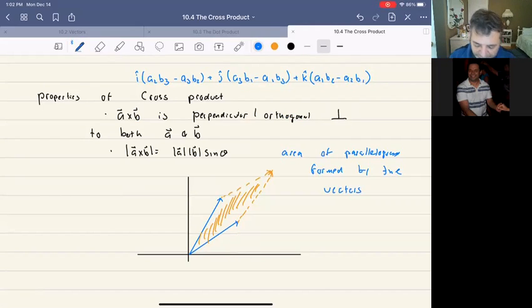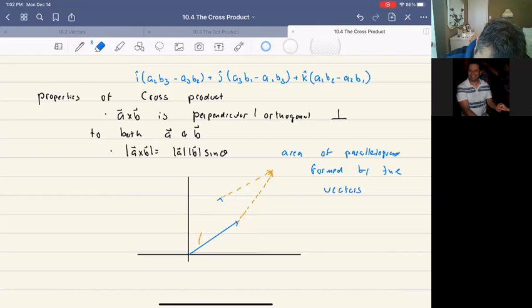Okay, if you think about this, let me erase the inside here. If you think about this being the angle theta between them, then you have some thing here.